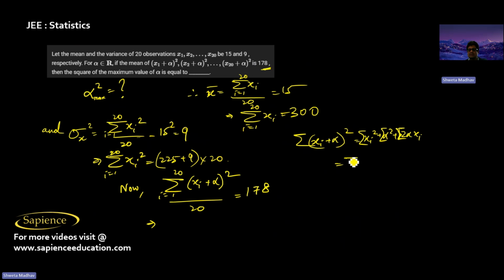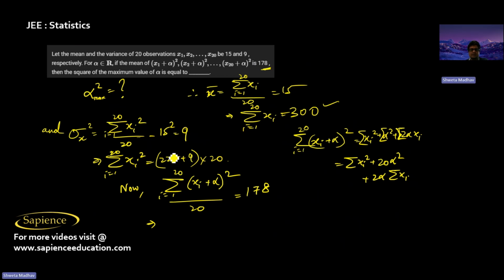This is going from i equals 1 to 20 only, so alpha square will be added 20 times. So this is 20 alpha square, and 2 alpha into summation xi, i goes from 1 to 20, which is 300 actually.